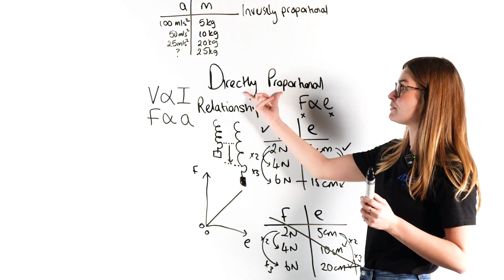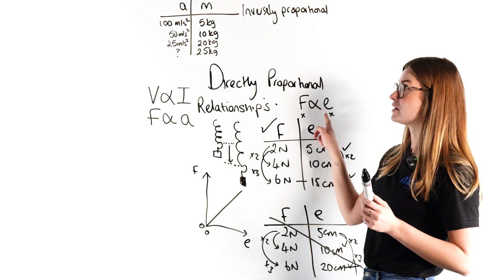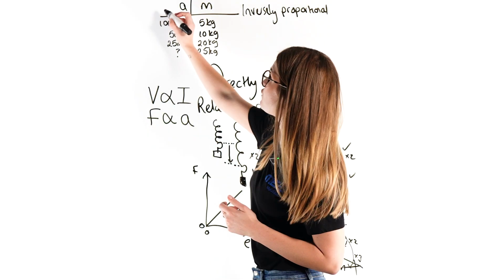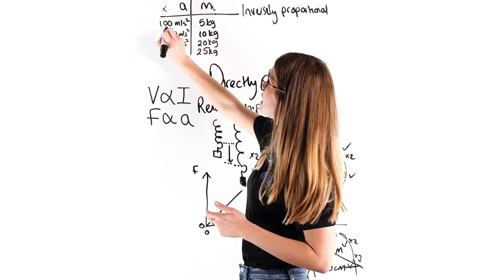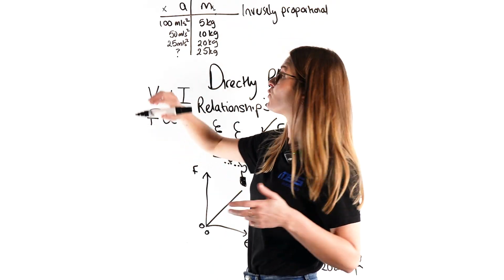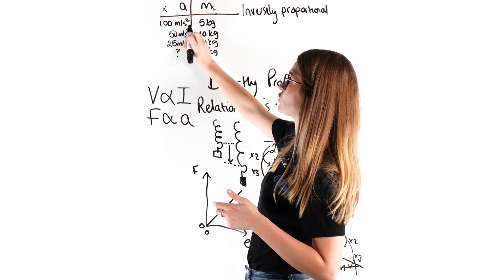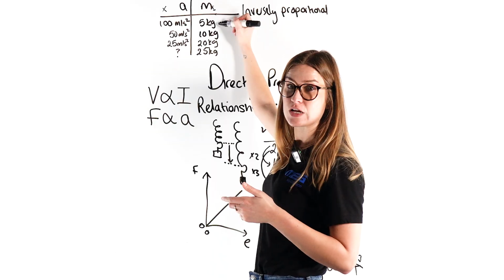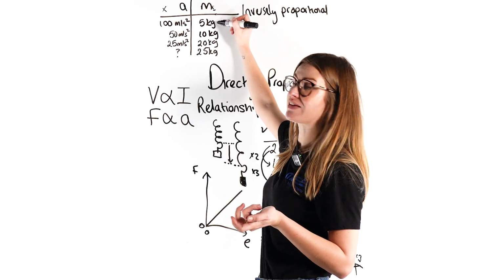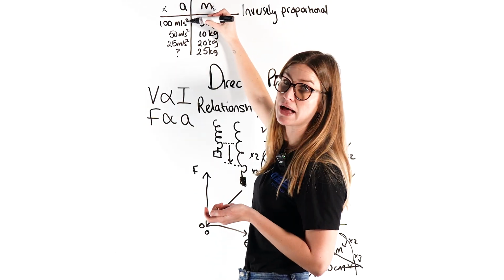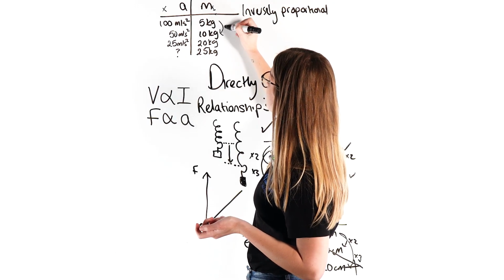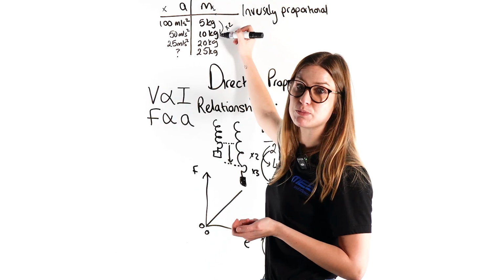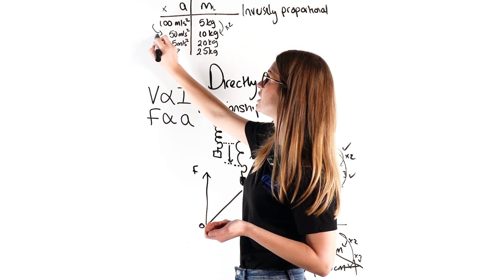So we said directly proportional, if you multiply one, you multiply the other. And in an inversely proportional relationship, if you multiply one, you divide the other. So we can see, if the acceleration, so it's like how fast something's going, if the acceleration was 100 meters per second squared when the mass is 5 kilograms, so let's imagine a car's got a 5 kilogram mass, and that's how much it can accelerate by. If the mass got doubled to 10 kilograms, a much bigger car, we can see the acceleration did the opposite.